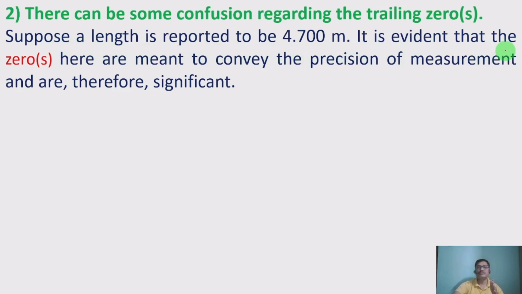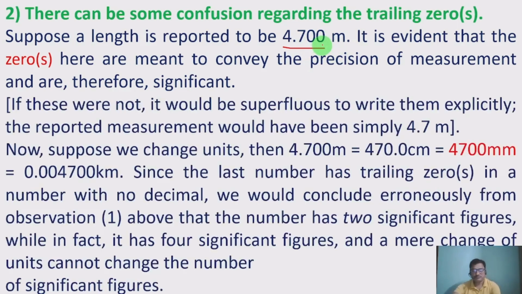It is evident that the zeros here are meant to convey the precision of measurement and are therefore significant. As we know, according to the fifth rule, these zeros are significant, and since they convey the precision of measurement, they are also significant.